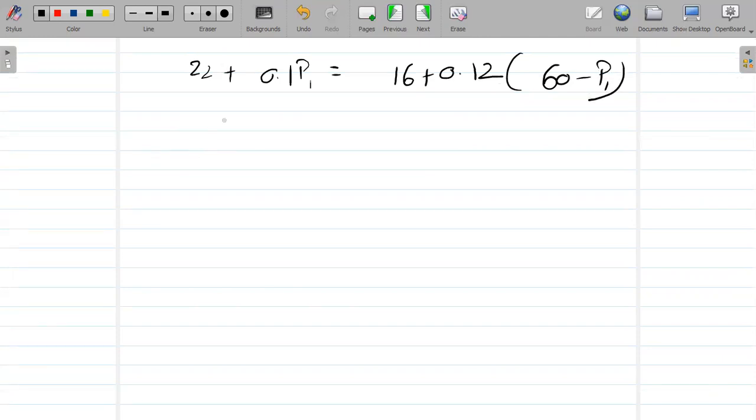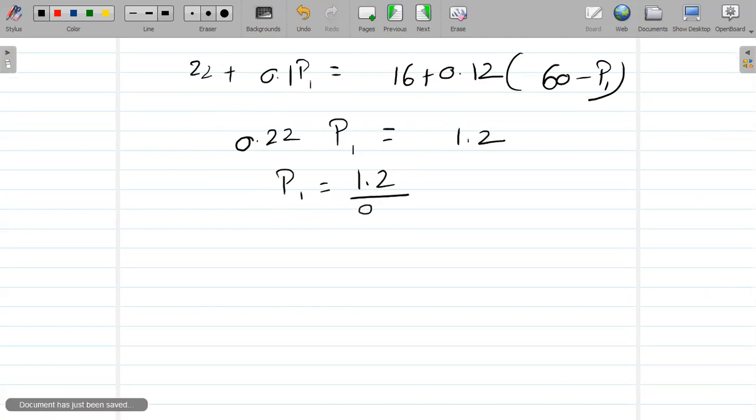When you simplify this, you will get 0.22 P1 equal to 1.2, or P1 equal to 1.2 by 0.22, that is 5.45 megawatt. But in the problem, what is the minimum limit given? The minimum limit is given as 20 megawatt. But the P1 we got, 5.45 megawatt, is below the minimum limit.